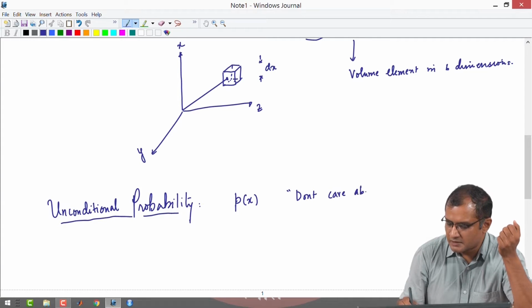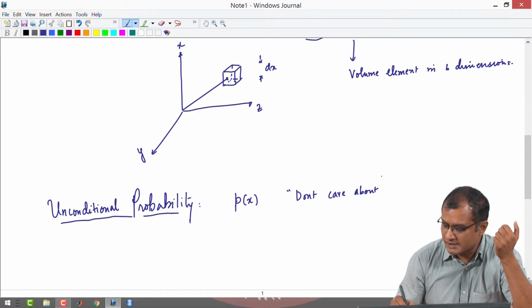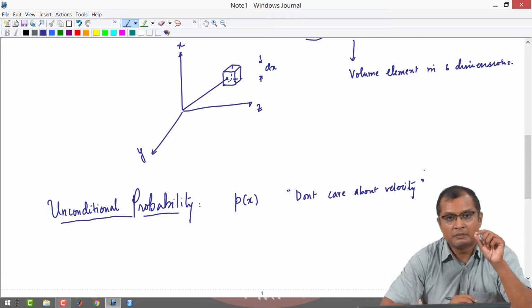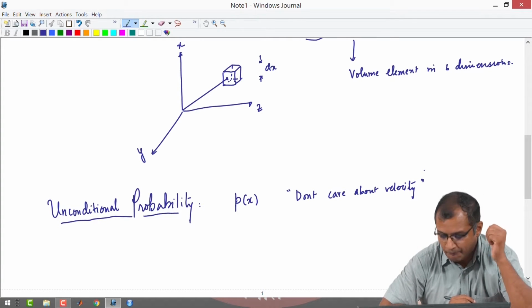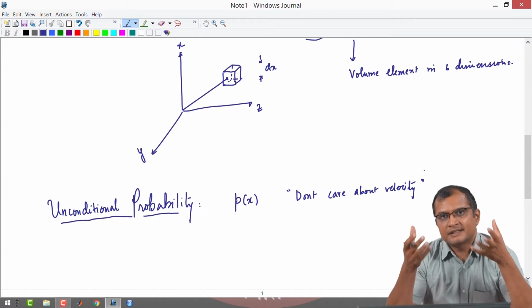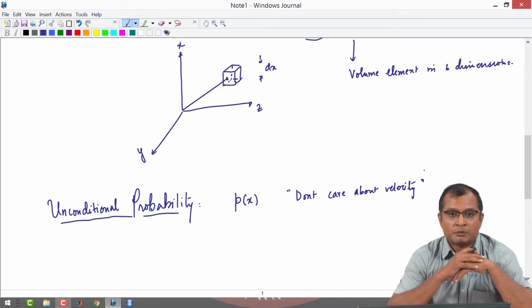You say that I don't care what the velocity is, all I want to know is the probability of finding a particle at location x. What that means is that you're asking an unconditional probability estimate.